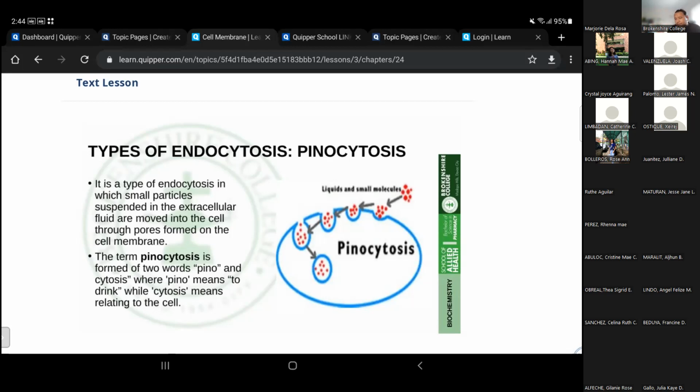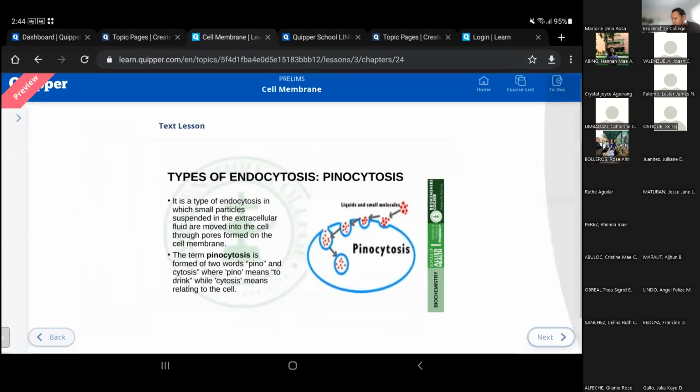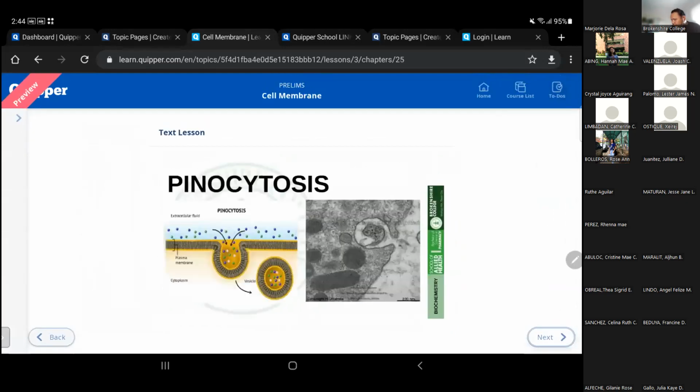Difference between pino and phagocytosis. Both are types of endocytosis, pero nag-differ sila as to the size of the material or substance to be taken, and also the manner if it is a solid substance or a liquid substance. So yun yung difference ni pino tsaka ni phagocytosis. Okay, no?